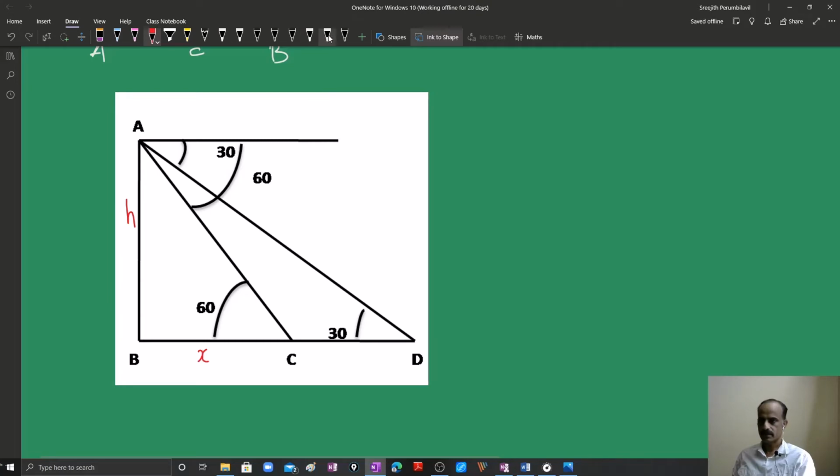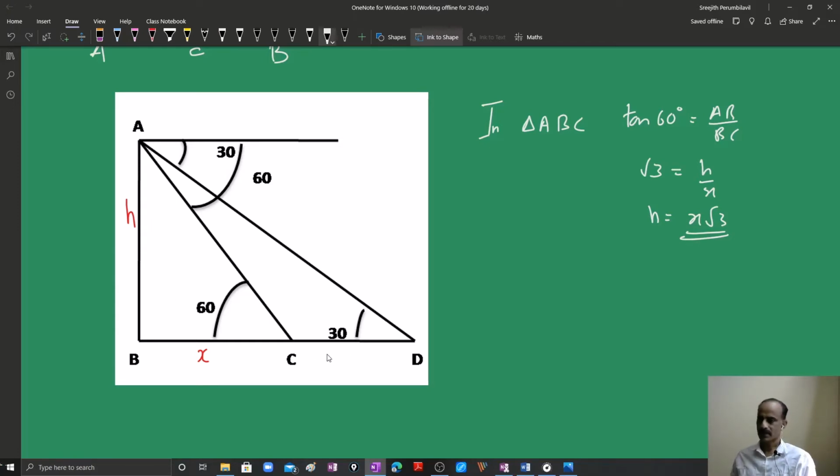Now, in triangle ABC, tan 60 degrees is equal to AB by BC, that is root 3 is equal to h by x, or h is equal to x root 3. So this height is the same as x times root 3.